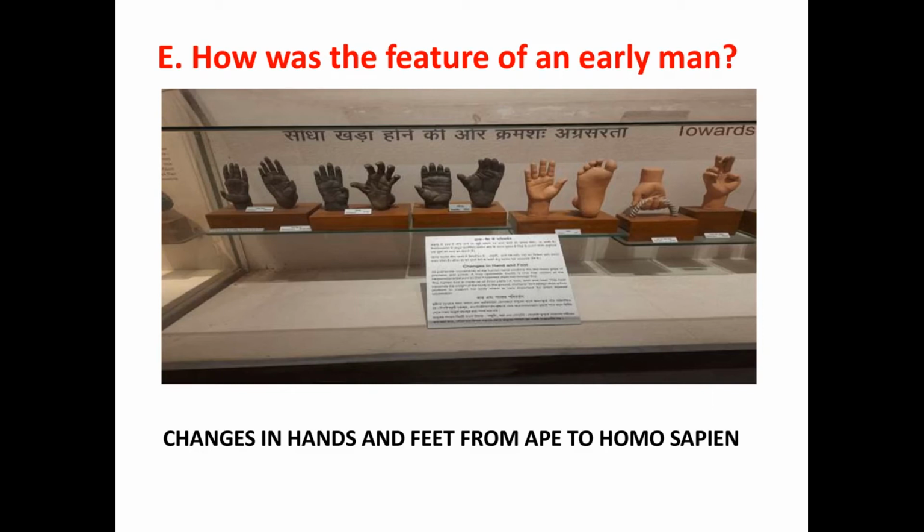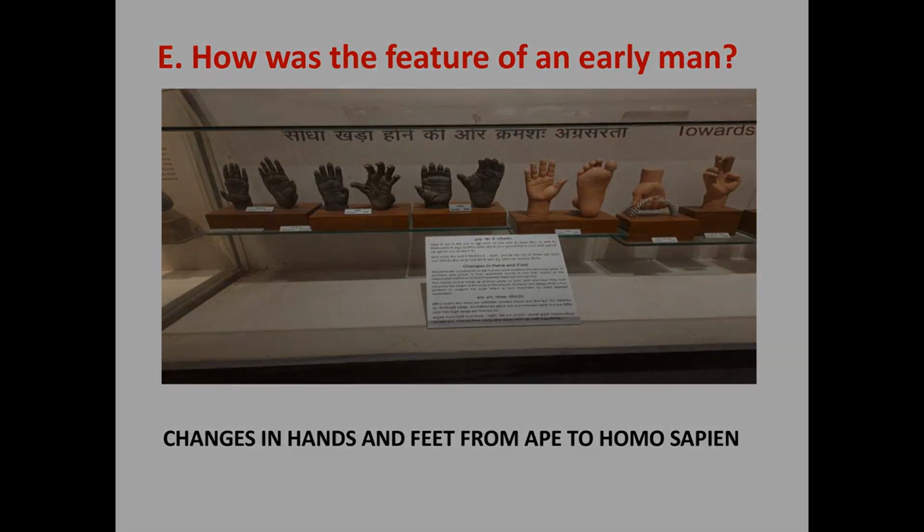The usage of the thumb is very important, and evolution has led the Homo sapiens to use the thumb in a way that they can hold many things and also do various things at a time.